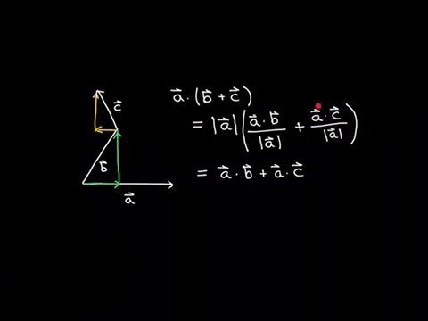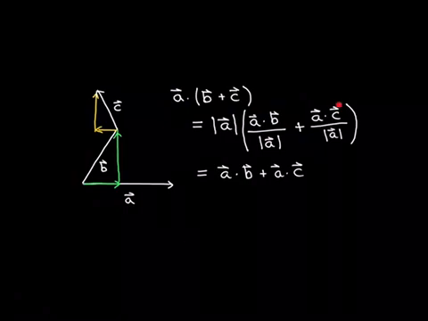So this number is actually going to come out negative. If you dot product the vector a with the vector c, it's going to be equal to the length of vector a times the length of the component of vector c in the direction of vector a, but because it's anti-parallel in this case, it's going to be the negative of that. So this is going to already have that negative number there. So this is going to be the length of this line, subtract the length of this line.